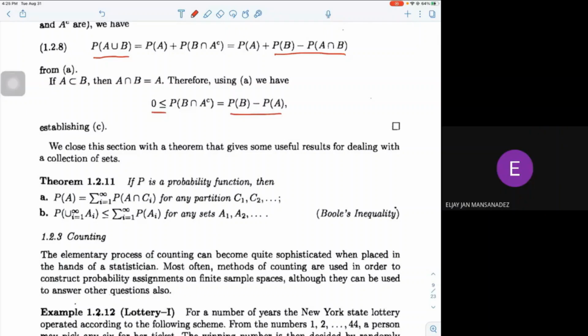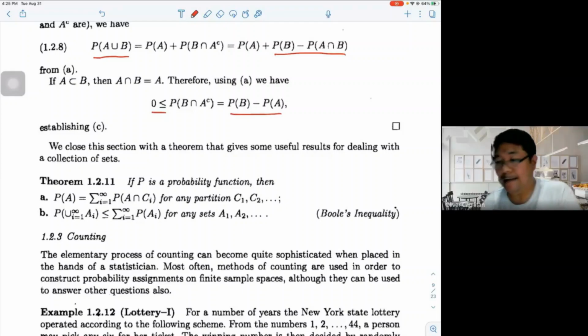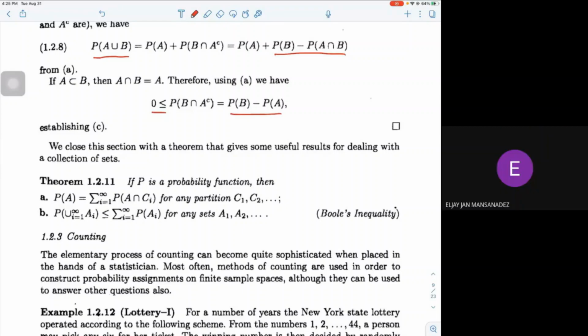Sir, from theorem 1.2.9, katong duha ka set, sir, na A and B, sir. Are they disjoint, sir?